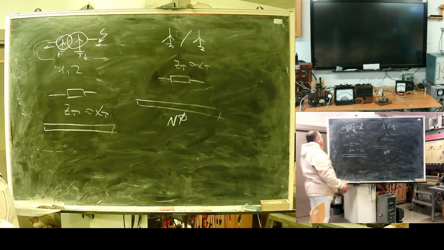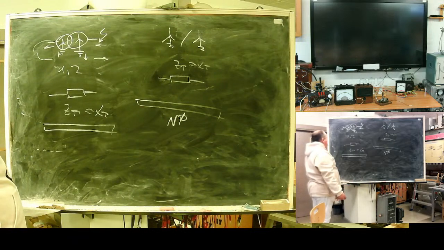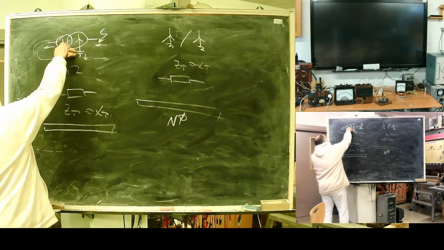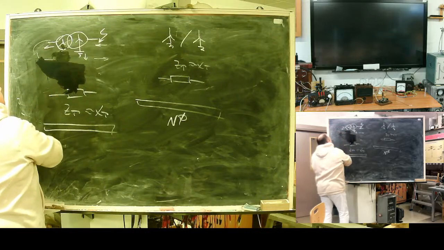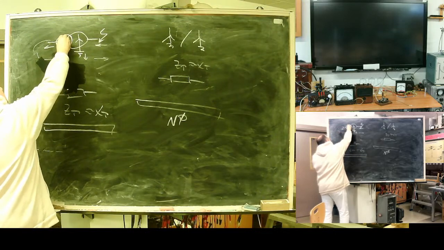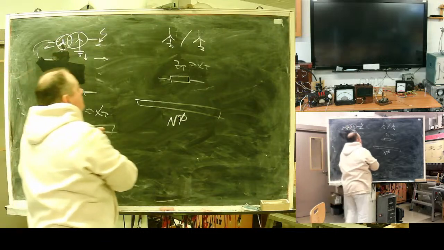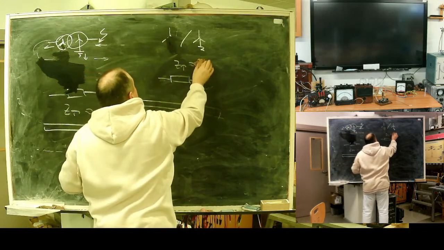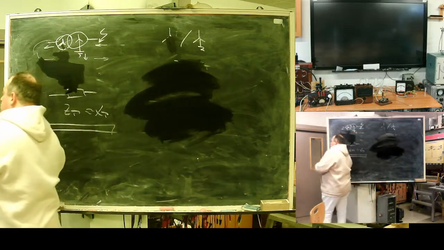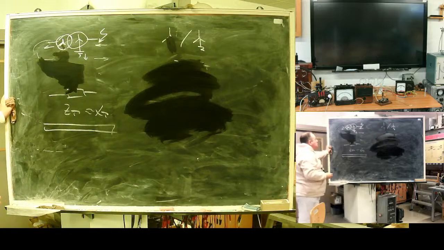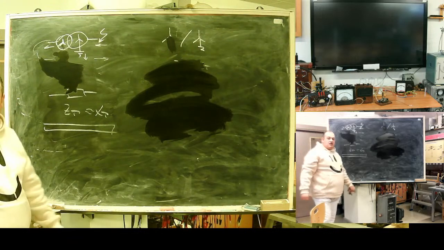Next one. What if we have something like this? Grounded, delta, ungrounded, delta. It's a complex thing, a tricky moment.